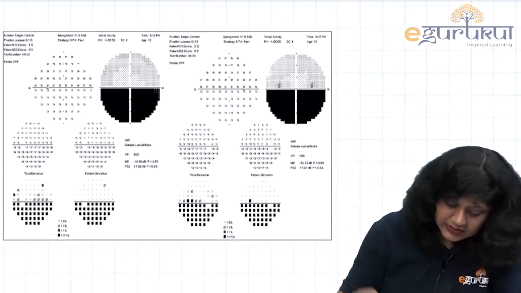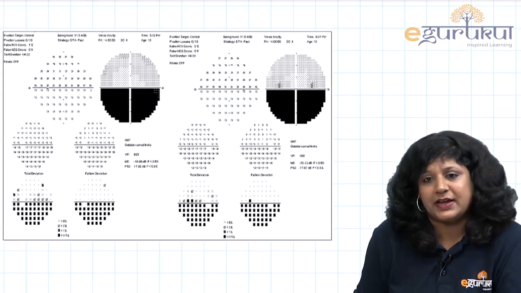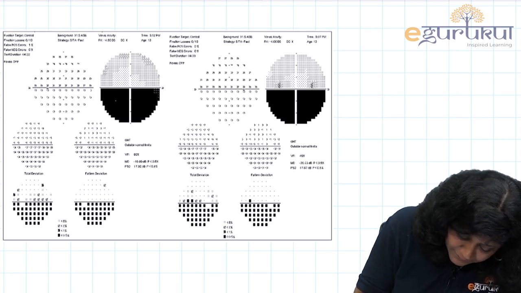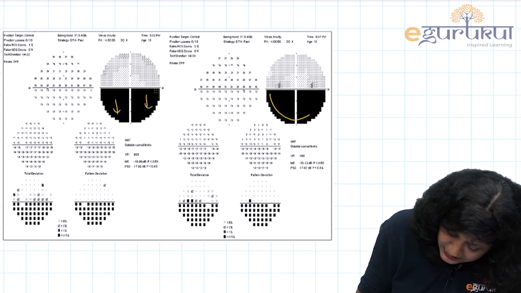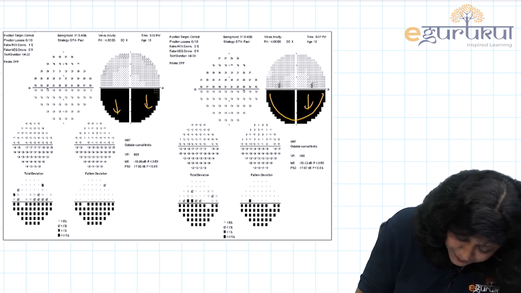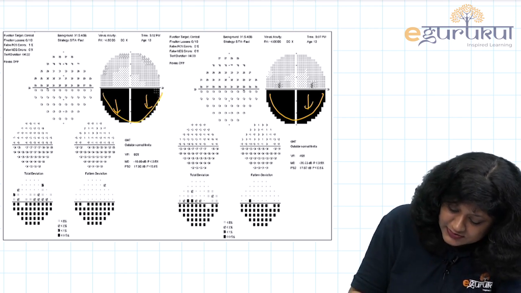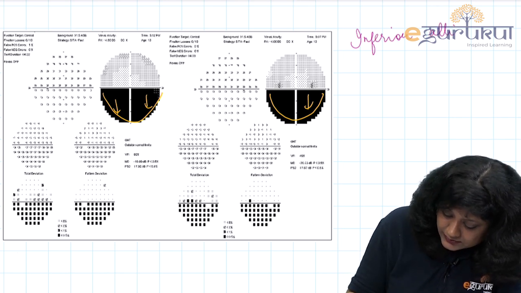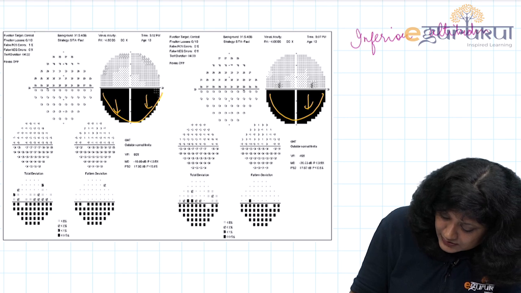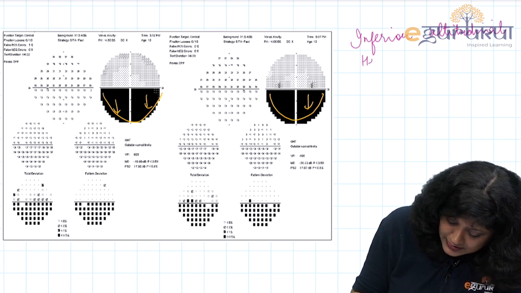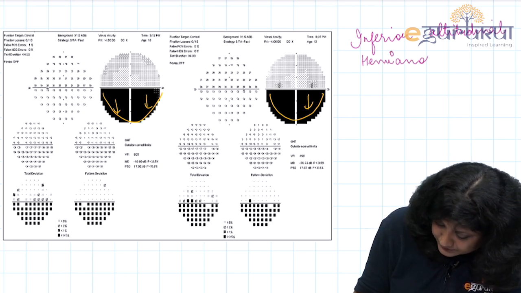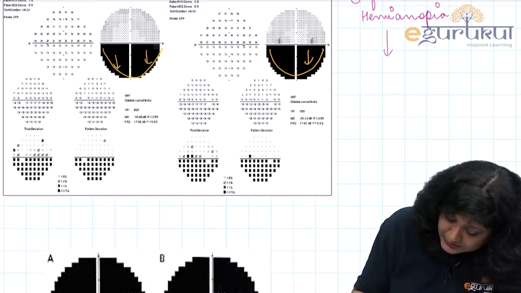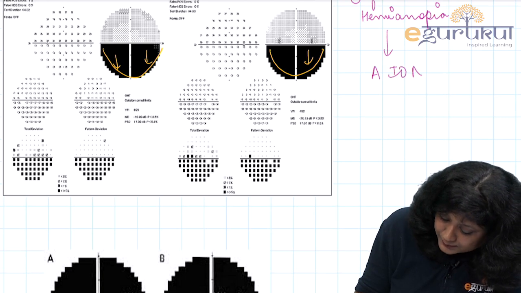Now, I will talk something about the typical optic neuritis. Can you see here we are getting a typical defect on the inferior side. This is also the inferior side, this is also the inferior side. So, this defect is called inferior altitudinal hemianopia, which is actually found in anterior ischemic optic neuropathy.